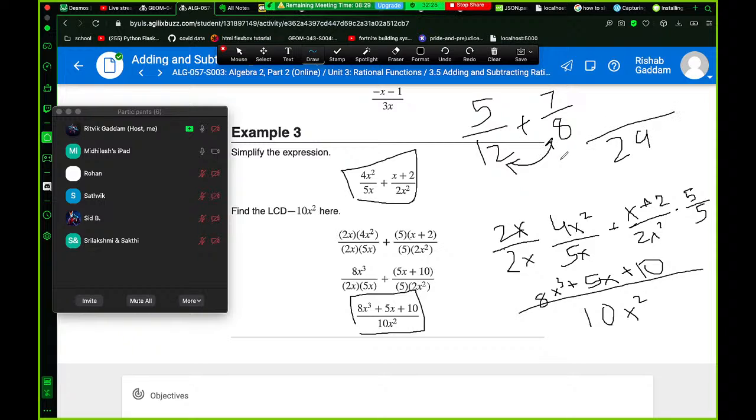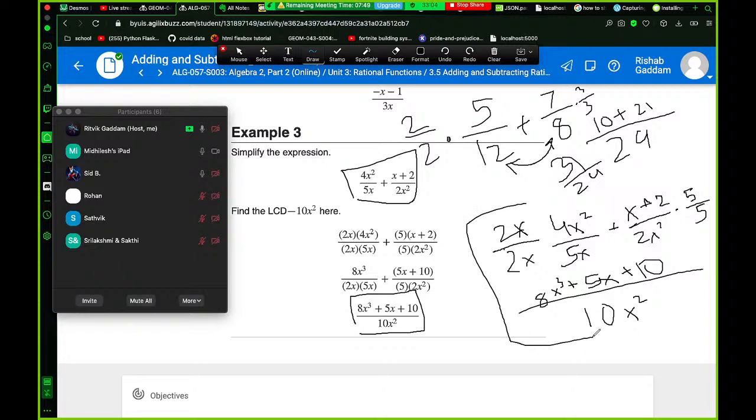So we multiply 2 over 2 here, and 3 over 3 here. And we multiply across and get 2 times 5 plus 7 times 3. So that's 10 plus 21, and the final answer is 31 over 24. I'm doing this the exact same way.